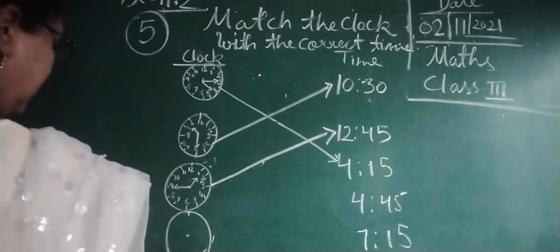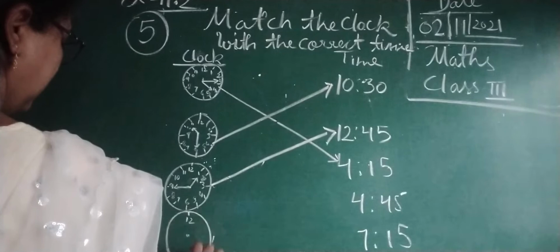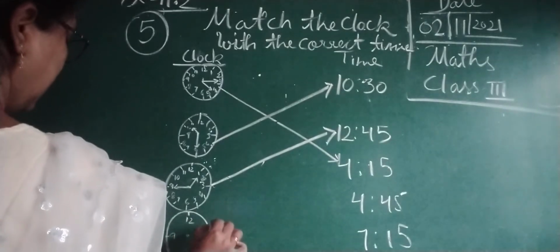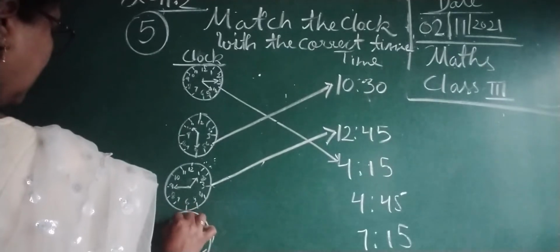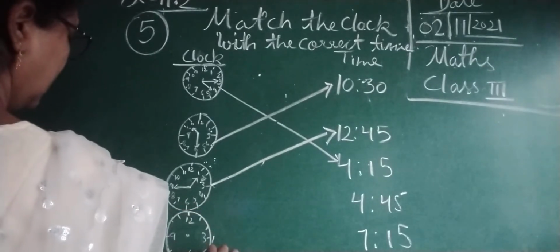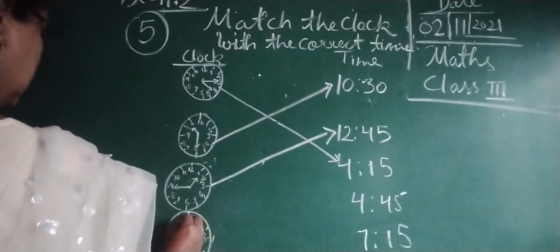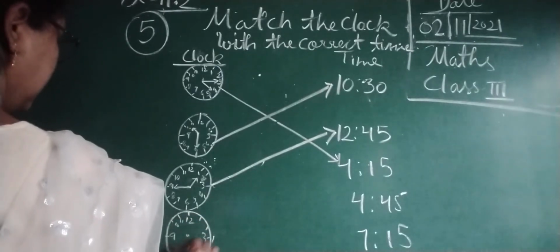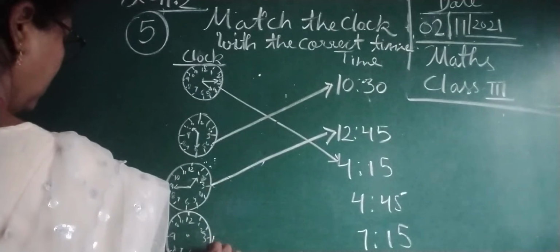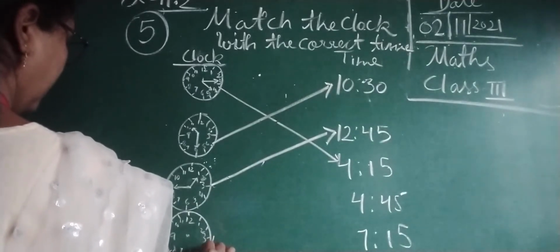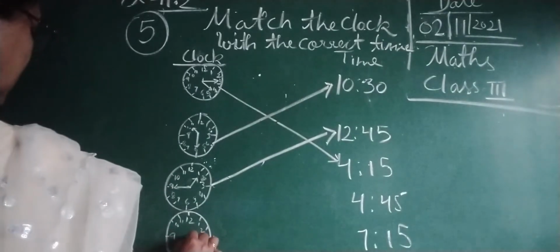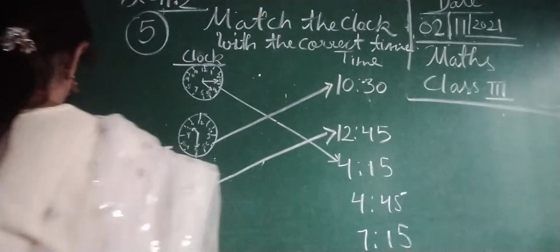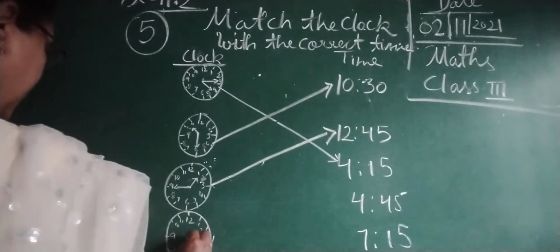Take a center point. This is 12, this is 6, this is 9 and this is 3, children. Okay, now this is 11, 10, 8 and 7, 1, 2, 4 and 5. Children, let's start drawing. What is the time over here?